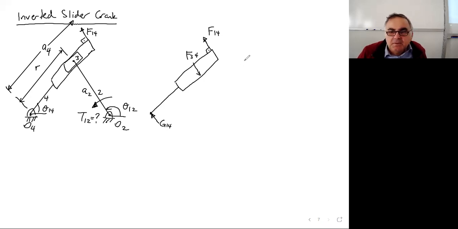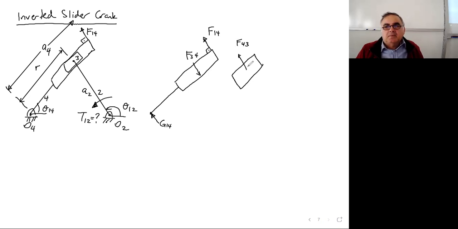About link 3, what forces are there? F34 is there. There is F43. Well, what else? F34 is equal to negative F43.